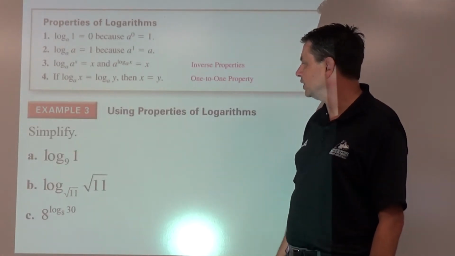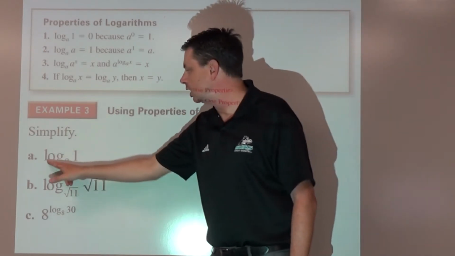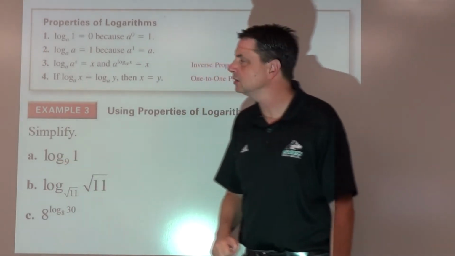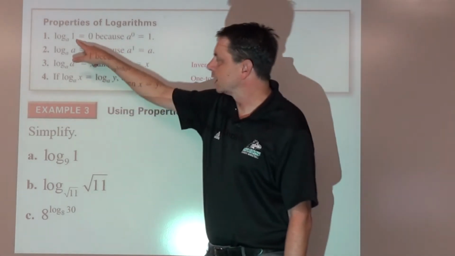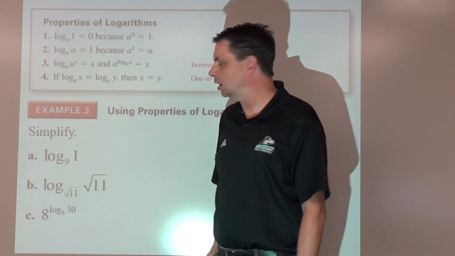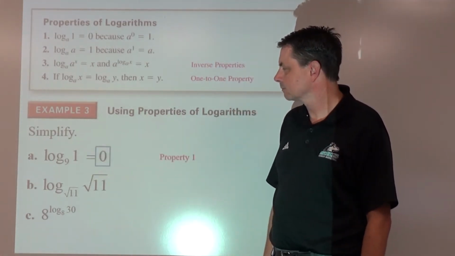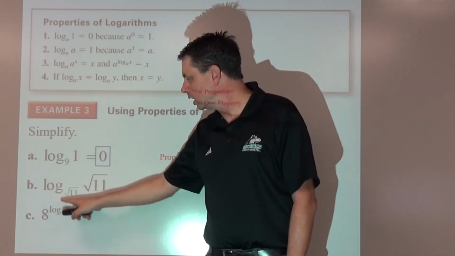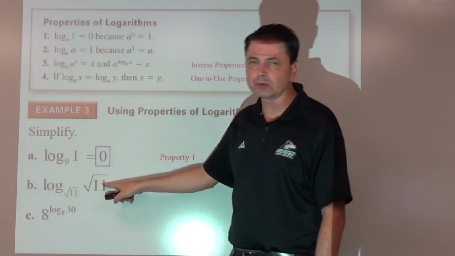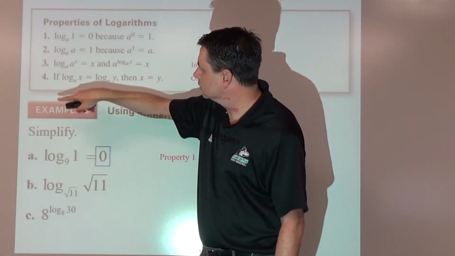All right, example 3: use properties of logarithms to simplify. Part A, log base 9 of 1 is property number 1. Log base anything of 1 will always be 0. Part B, log base root 11 of root 11 is property number 2.